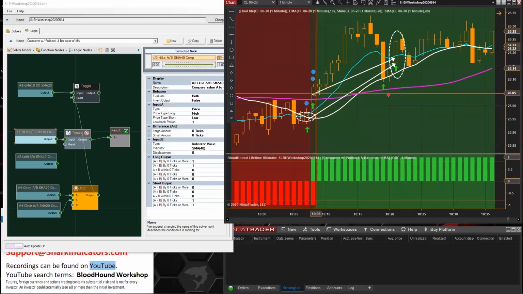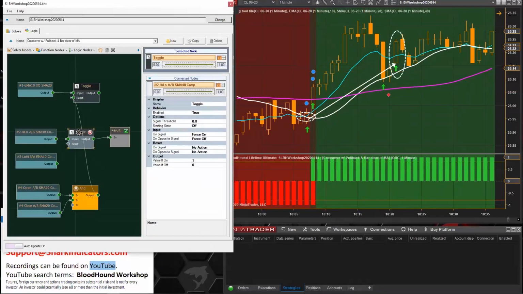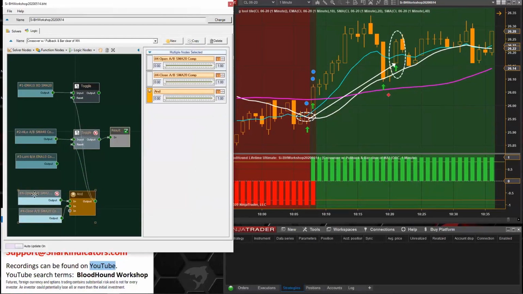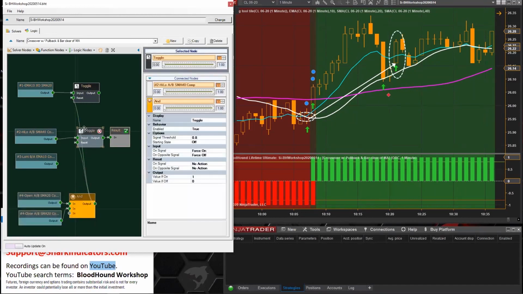So we now need to take the output from step number 2 and extend it forward to the signal bar. So we're going to do that with a toggle node here. And again, we're going to use our logic here as the disqualifier to turn this toggle node off as well. And so again, the opposite signal will turn the toggle node off, right?